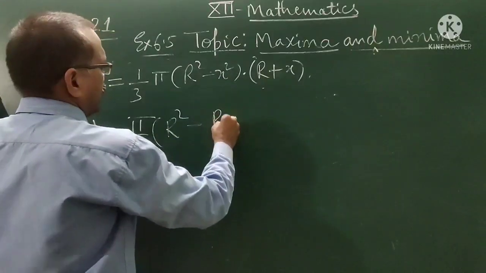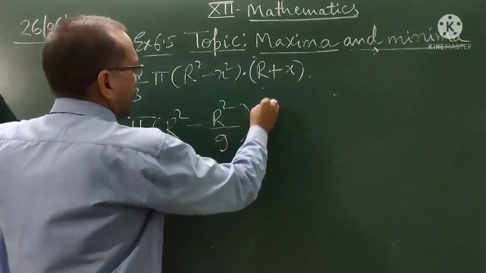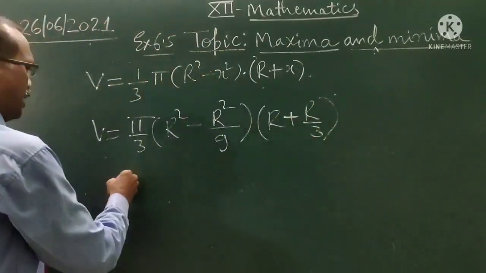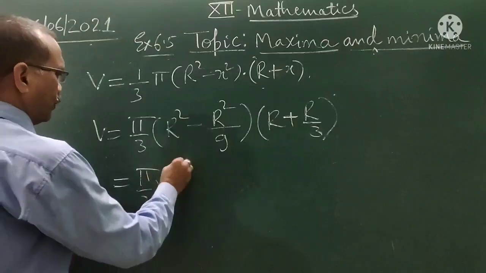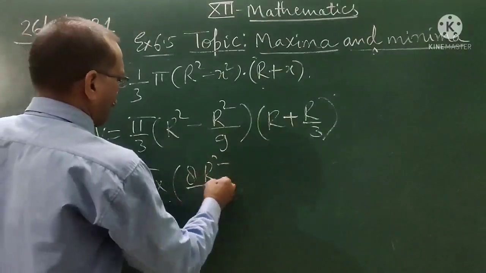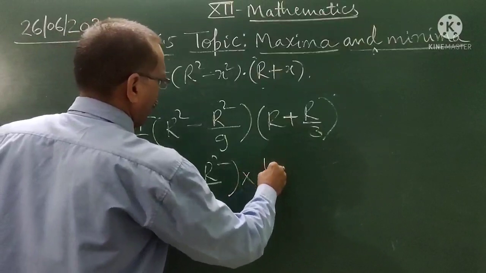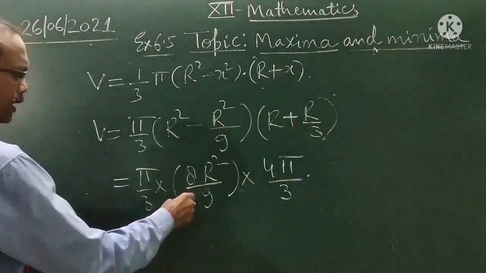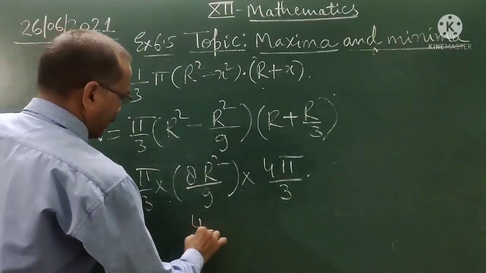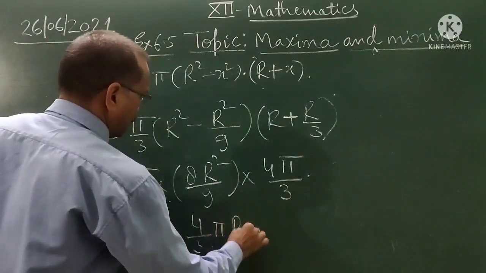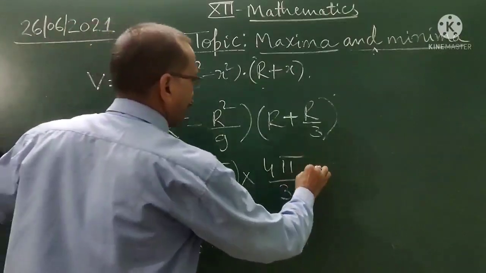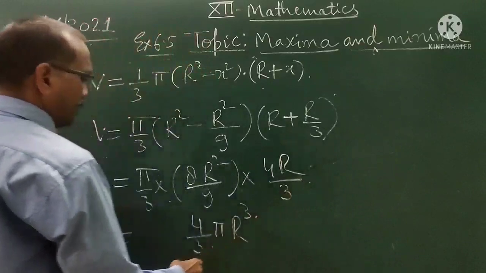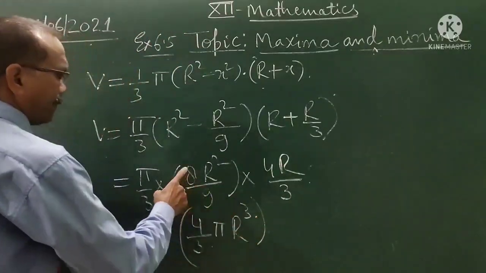So it is R square upon 9 into (R plus R upon 3). It is pi by 3 into 8 R square upon 9 into 4 R by 3. Dear student, 4 pi by 3 pi R cube is the volume of the sphere.